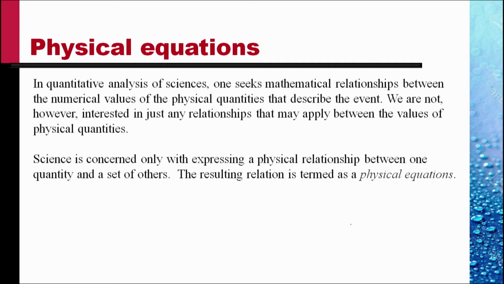So, we want a relationship between the numerical values of the various physical quantities. We are not, however, interested in just any relationship that applies between the values of the physical quantities. Science is concerned only with expressing a physical relationship between one quantity and a set of others that are relevant. The resulting relation is termed as a physical equation.